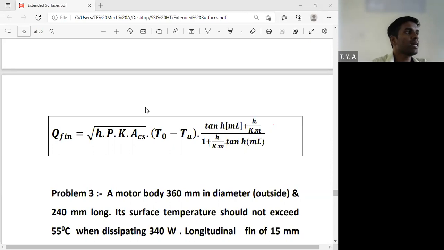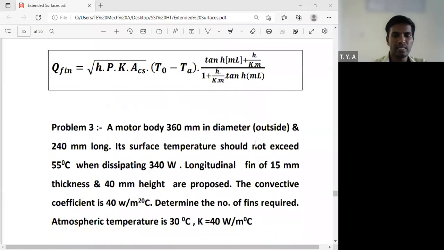तुम्हाला एखादा प्रॉब्लेम दिला तर कुठल्या केसचा प्रॉब्लेम आहे हे अगोदर समजलं पाहिजे. लक्षात ठेवा. लॉंग, इन्फायनाइटली लॉंग. If these words are there then we have to remember this is the case number 1. Okay. Second case मध्ये तुम्हाला काहीच मेन्शन केलेलं नसणार आहे. Infinitely long is not there and convection is not mentioned there. So at that time we have to use the case number 2. Okay. So now we have to solve one problem related to the case 3.